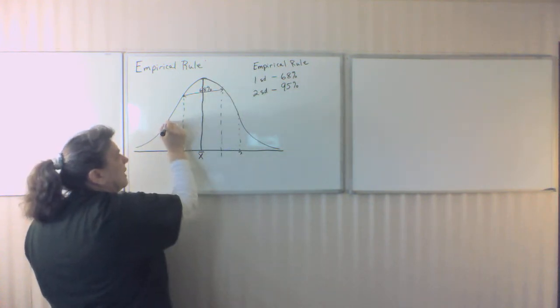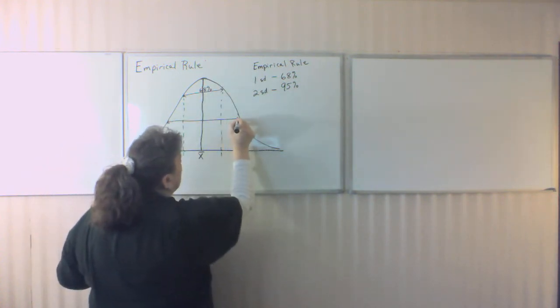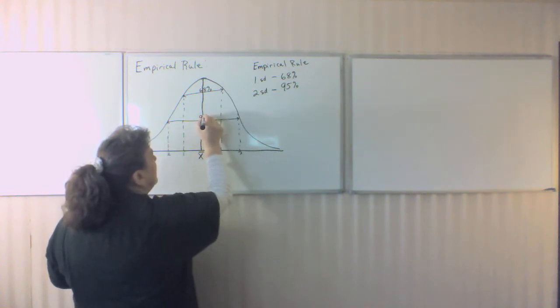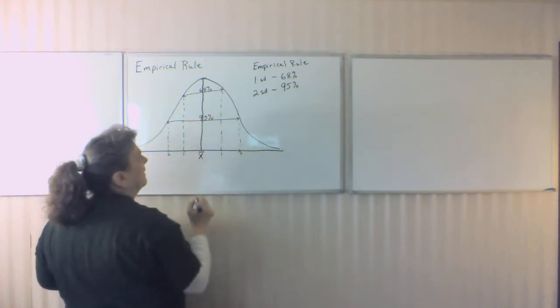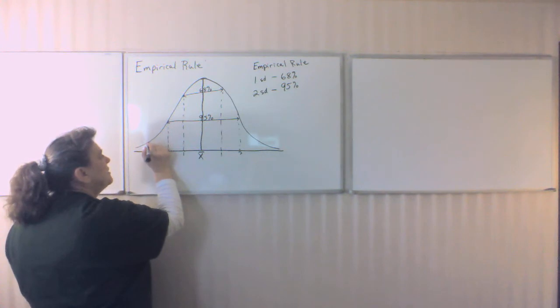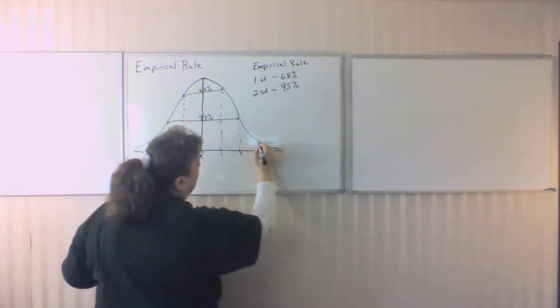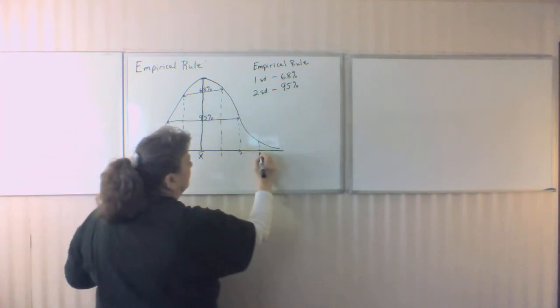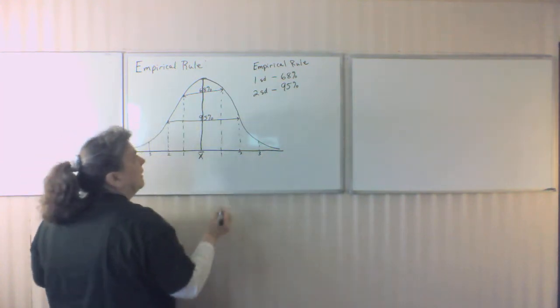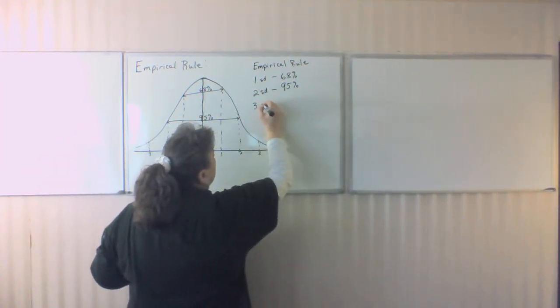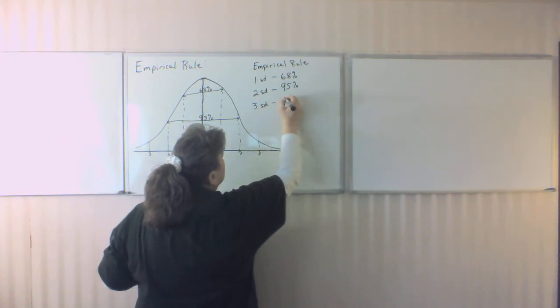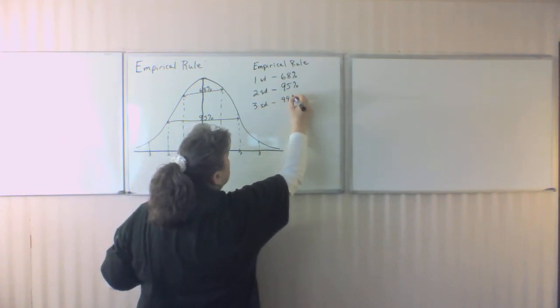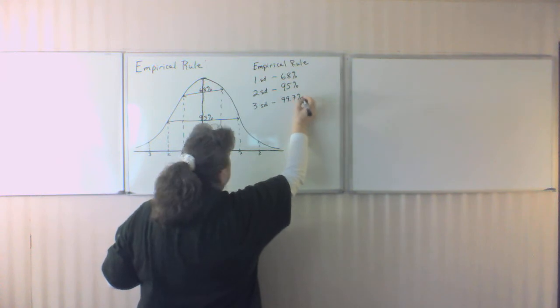From this line all the way to this line contains 95% of the data. And then the third standard deviation on each side contains 99.7% of the data.